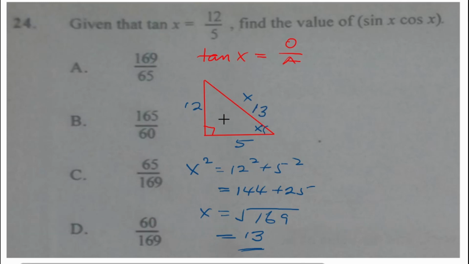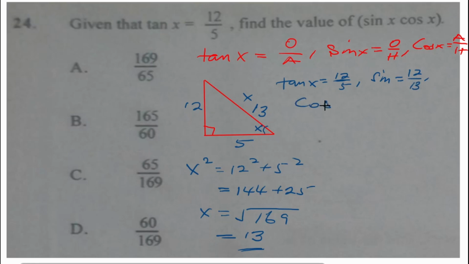Good. Now that we know this, sine x is opposite over hypotenuse, and cos x is adjacent over hypotenuse. Tan x has been given to us in the question already, 12 over 5. Sin x will be opposite, which is 12, over 13, which is hypotenuse. Then cos x is adjacent, which is 5, over hypotenuse, 13.